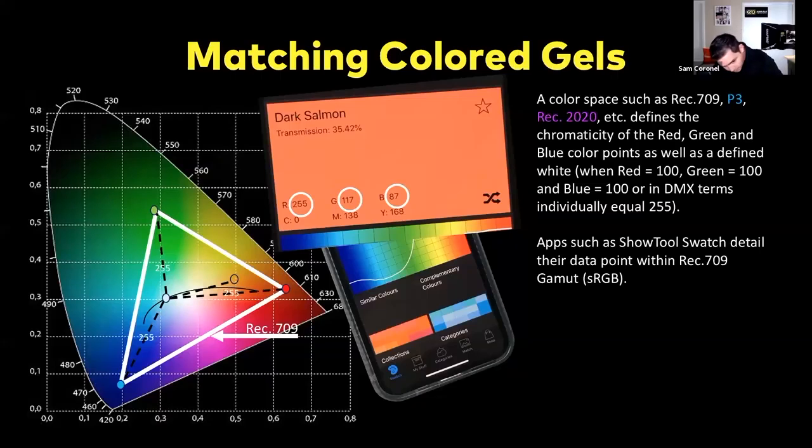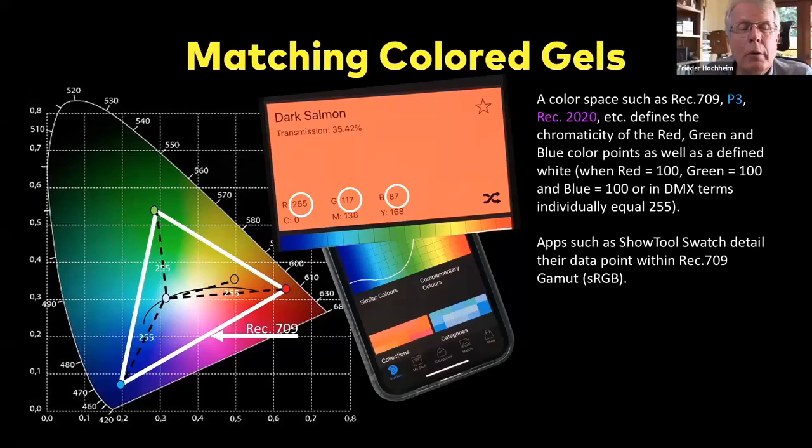If you now use this app, the other important thing we do in our app, it all starts with a D65 white point. But what we're doing different from many other manufacturers is that once we select a gel, such as, let's say, dark salmon, and we're displaying it as a daylight source, what we can actually do is take the underlying Kelvin.